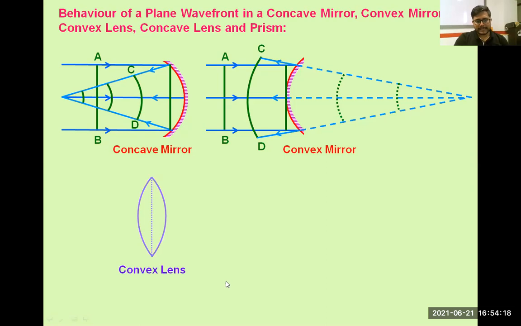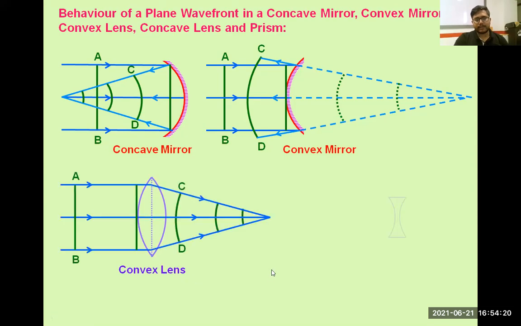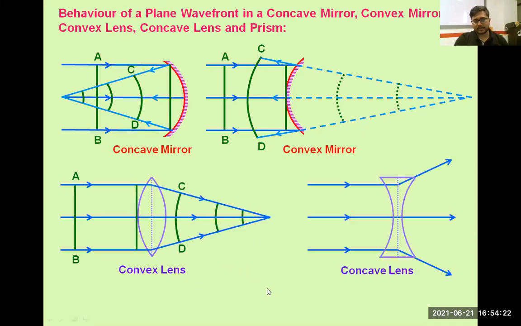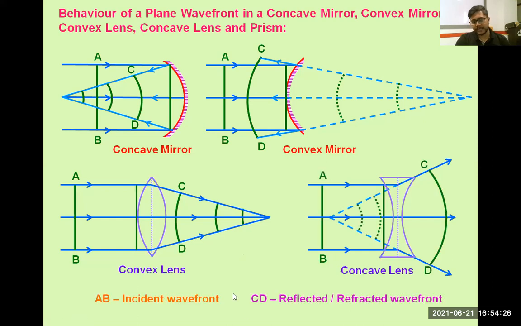For convex lens, the wave front will look like this, and for concave lens, the wave front can be seen like this. So AB is called your incident wave front, and CD is called your refracted or reflected wave front. This is the behavior of plane wave front in case of concave mirror, convex lens, concave lens, and we will discuss the prism also.